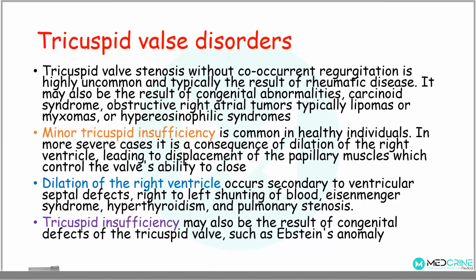A dilation of the right ventricle usually occurs secondary to a ventricular septal defect, that is the right to left shunting of blood, Eisenmenger syndrome, hyperthyroidism, and pulmonary stenosis. A tricuspid insufficiency is also known to result from congenital defects of the tricuspid valve, for example Ebstein's anomaly.